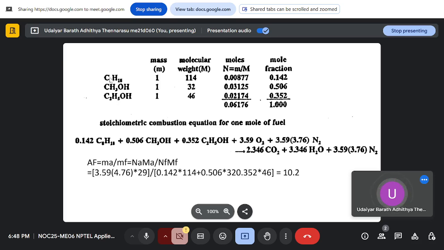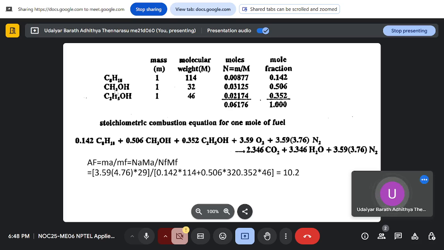First is octane. Isooctane has the same molecular formula as octane, C8H18. Then we have methanol, CH3OH, and ethanol, C2H5OH. Each is 1 kg. The molar mass of each component: octane is 114, since C8 is 8 into 12 plus 18, so we get 114, methanol is 32, and ethanol is 46.